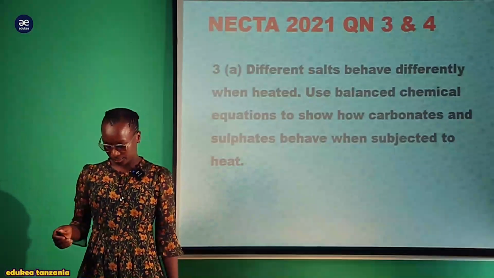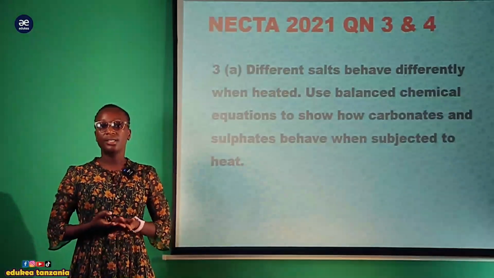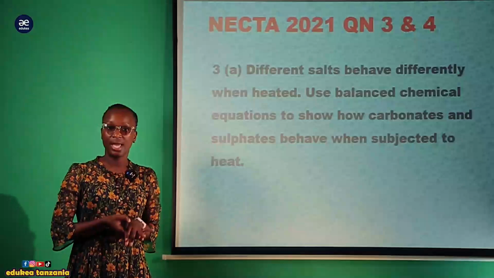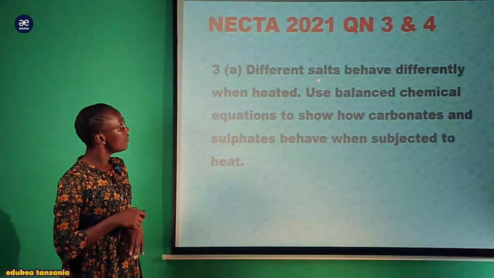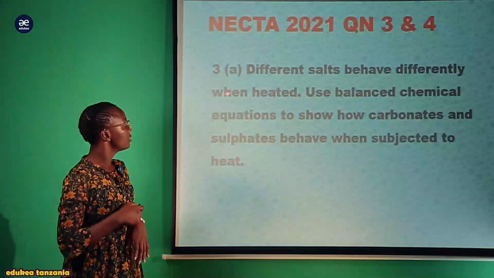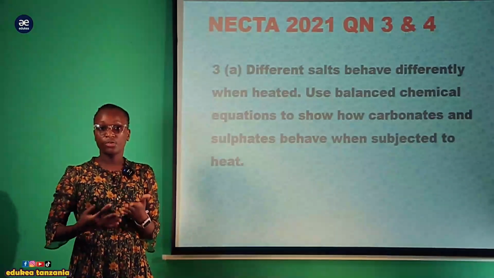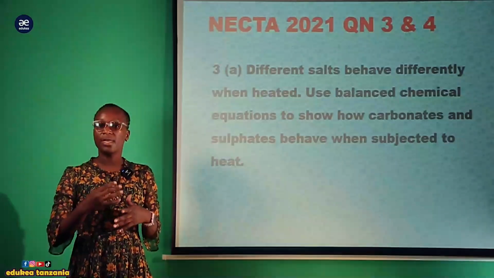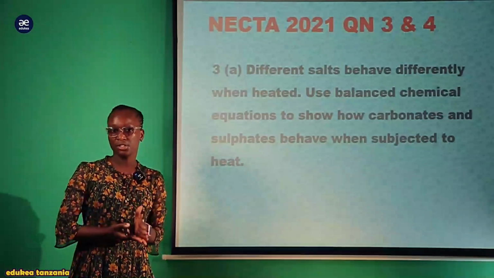and 4. My student, the question number 3 has two parts whereby there is part A and part B. Part A says that different salts behave differently when heated. Kwamba salt, chumvi tofauti tofauti zinakuwa na tabia tofauti pale ambapo zinakuwa exposed kwenye heat source.